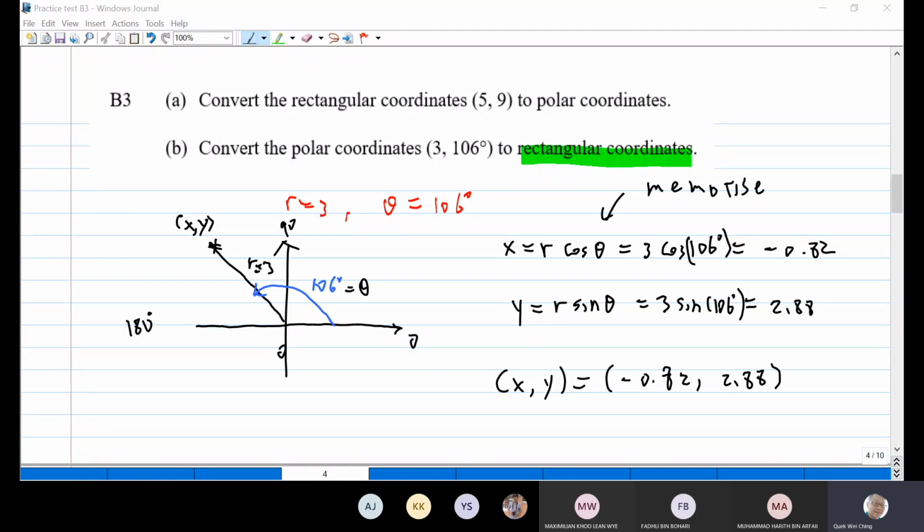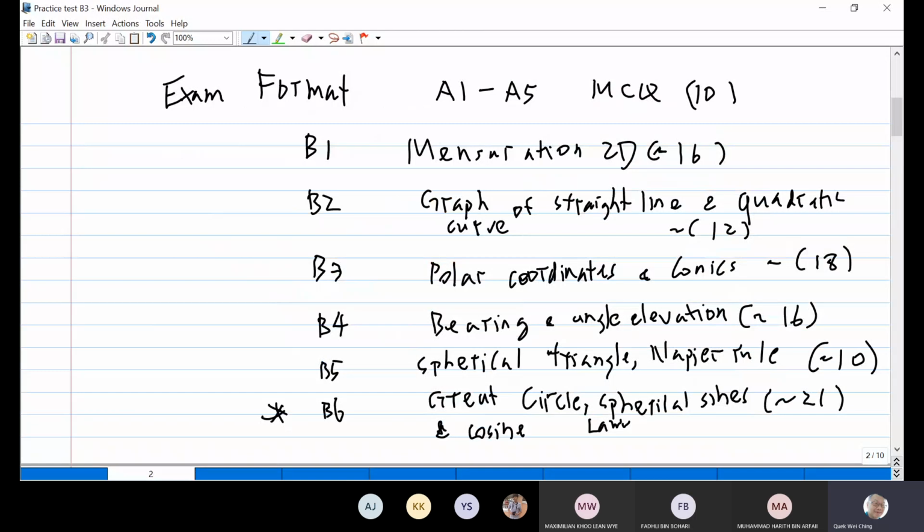Okay, so if you look at the questions I have listed out from B1 to B6, right? So yeah, MCQ 10 marks, observation 16 marks, 26 marks, graph 12 marks, and then 26 marks by 12, about 38, right?